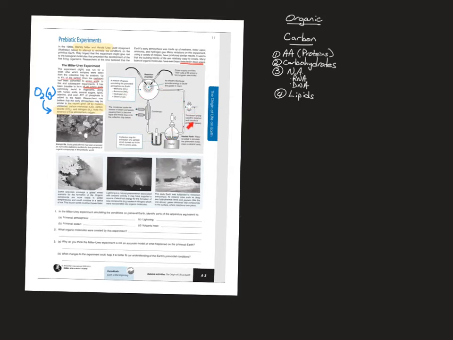And they were able to keep this circulation going. And what they found is about 4% of the carbon from the methane was turned into these basic organic molecules, specifically amino acids.